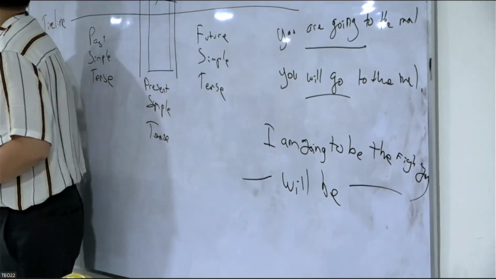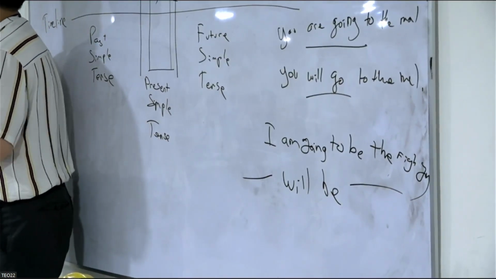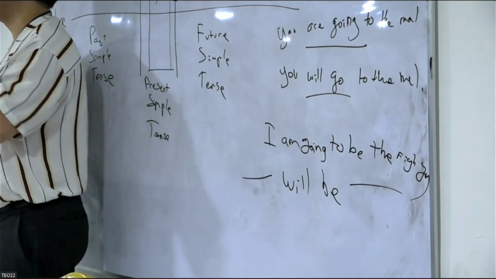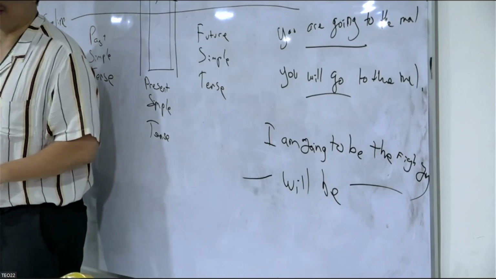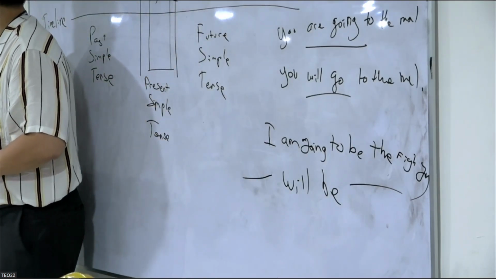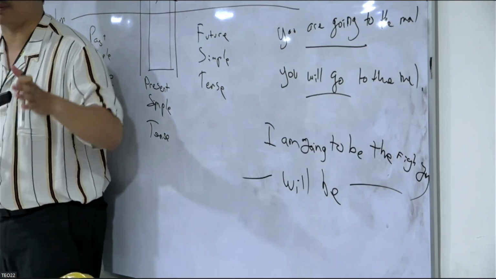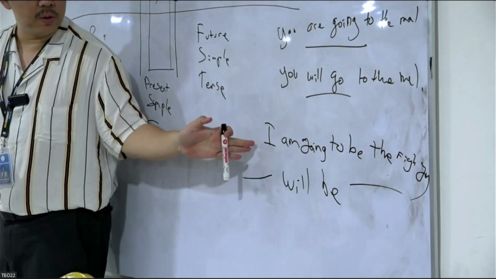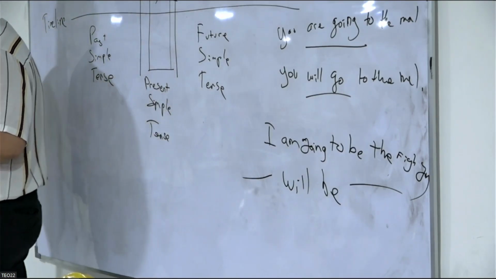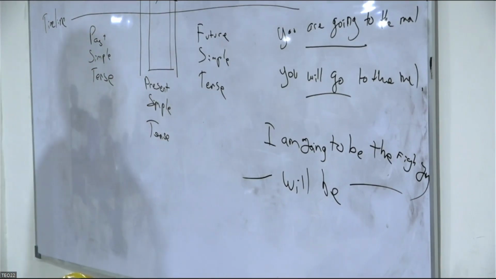When you say I will be the right guy, there's more of a commitment, but nobody will ask you about the result or even the process, because that's more of a sentence with commitment. But when you say I am going to be the right guy, it means starting from now, starting right after the present, you're doing it. You're in the process.